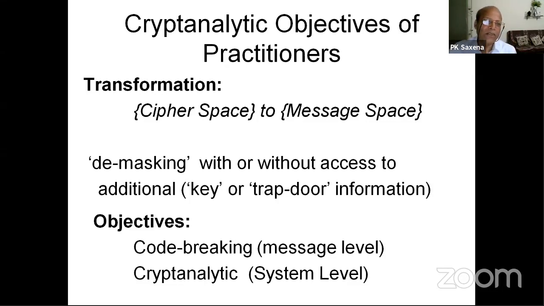Whether at message level or system level, all attempts are to be made. But breaking at system level naturally helps, because it helps in deciphering or code breaking of many other messages.